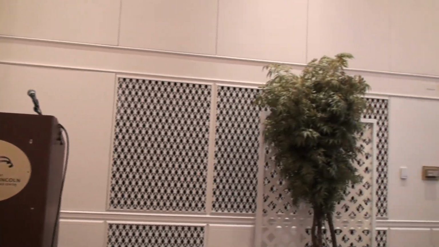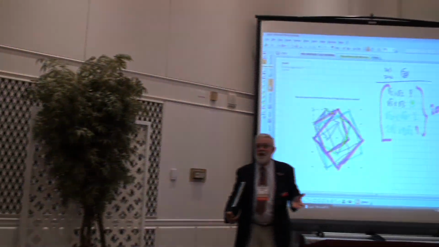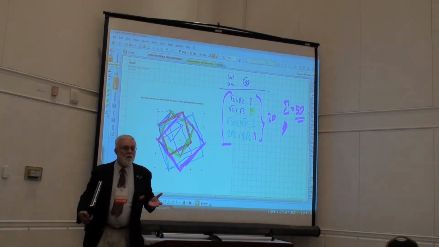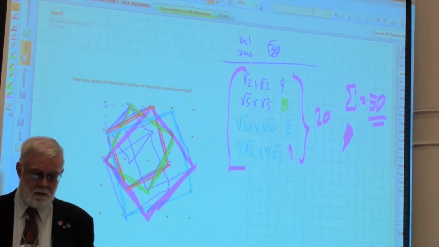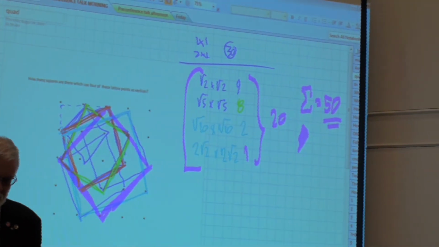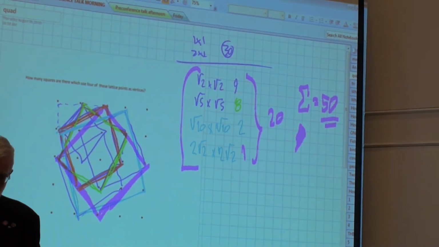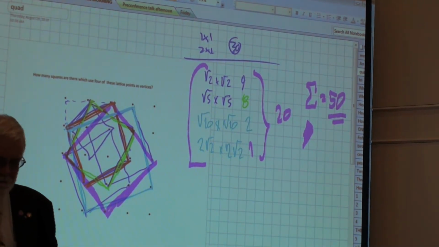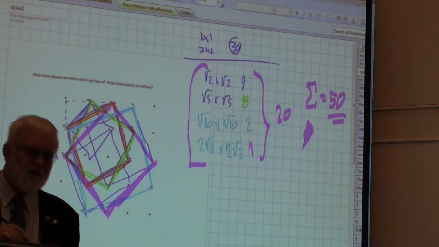Is this convincing? Could there be a root 3 by root 3 one someplace? Root 3 by root 3, root 3 by 1. That would be a square. But what about, okay, root 3.